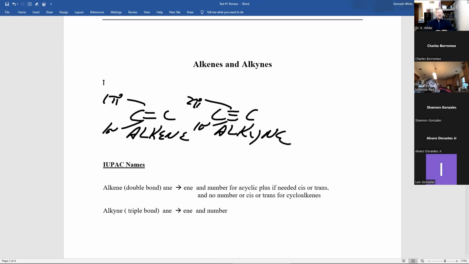All right, next on test number 1 material, alkenes, alkynes. An alkene is a carbon-carbon double bond shown by 2 lines between 2 carbons. An alkyne is a carbon-carbon triple bond, 3 lines between 2 carbons. And you should know that an alkene is made up of 1 pi bond, 1 sigma bond. An alkyne is made up of 2 pi bonds and 1 sigma bond.